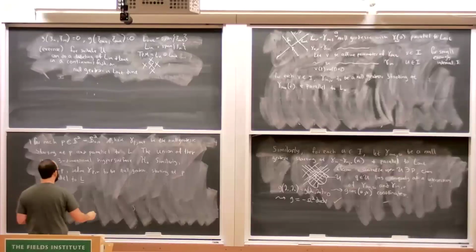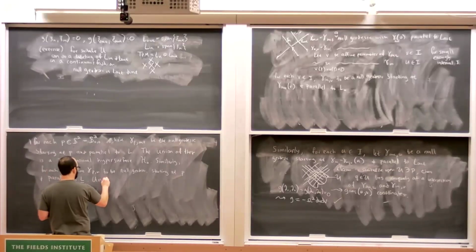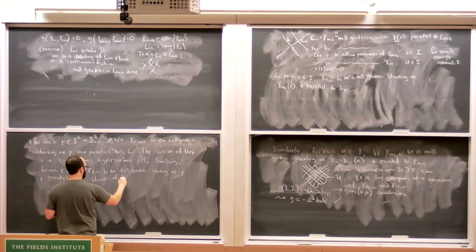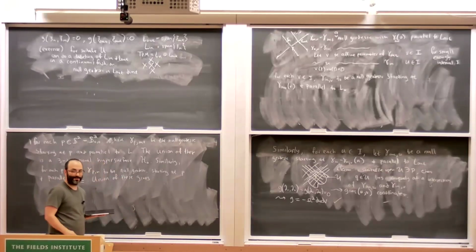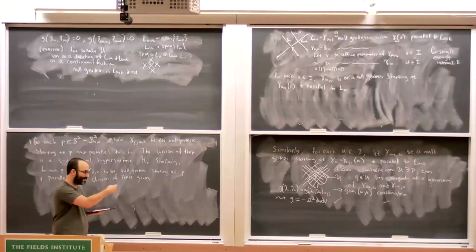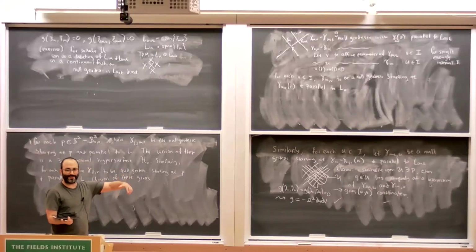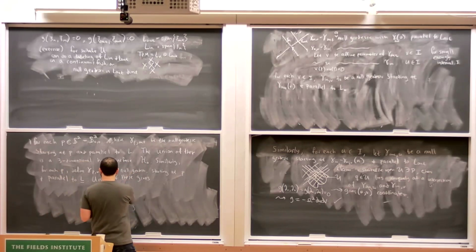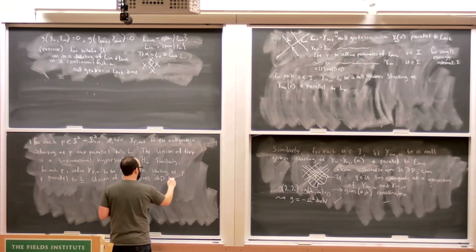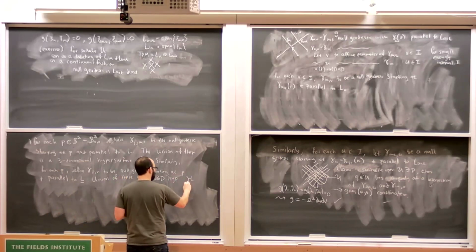The union of these gives a three-dimensional hypersurface. We're always constantly using that we're working locally near a point, so we can always solve all of the null geodesic equations we want. The sphere is compact, so there's no issue. The union of these gives again a 3D hypersurface, which we'll call H bar 0.